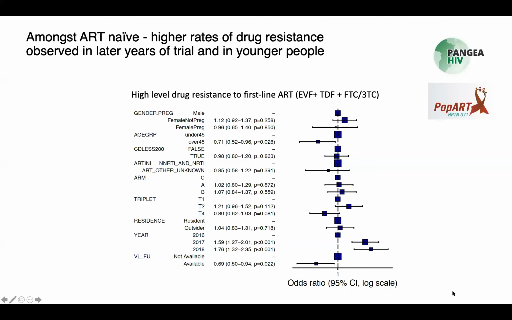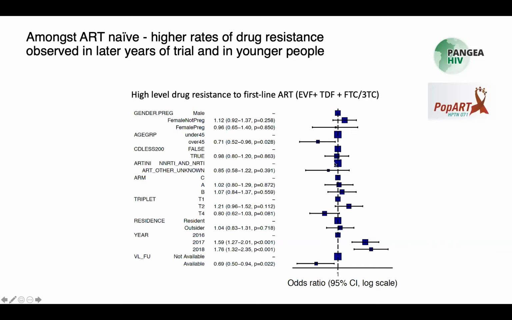We learned a lot about drug resistance, and that is work that we're writing up at the moment. This is a multiple regression of high-level drug resistance to first-line therapy, and the associated factors. We find that those individuals that were recruited later in the trial had higher rates of drug resistance, and what also that meant, if you think about it, was that those individuals who were infected more recently and were therefore more likely to be younger also were more likely to have drug-resistant virus.